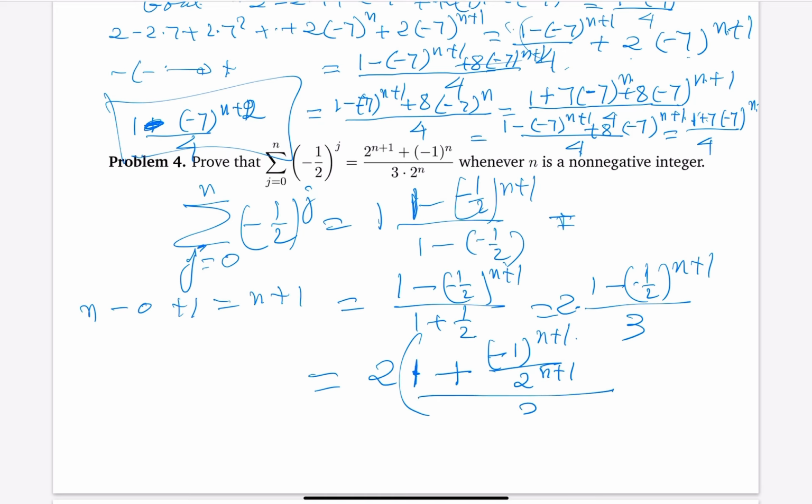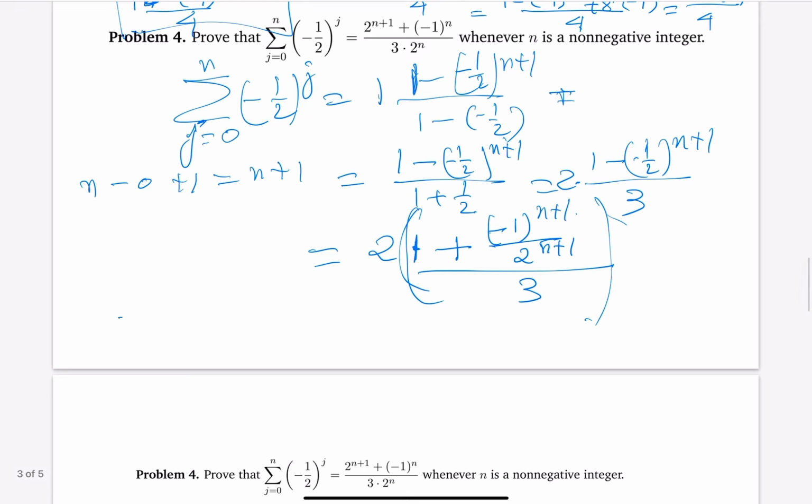And divide everything by 3. Now if you keep going, you will have 2 times 2^(n+1) plus (-1)^(n+1), divided by 3 times 2^(n+1).